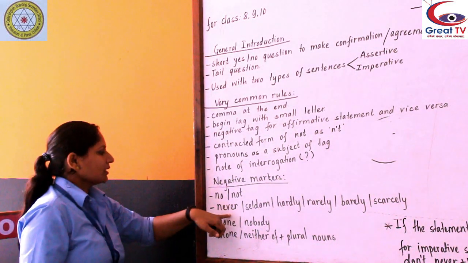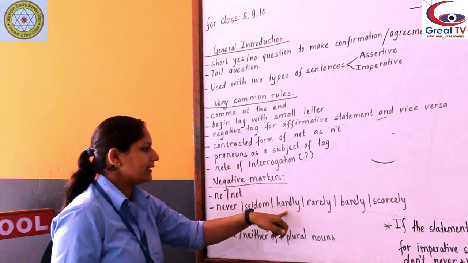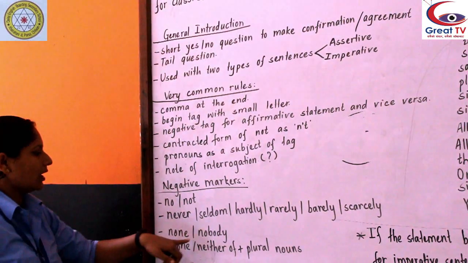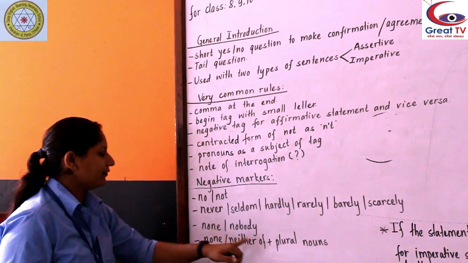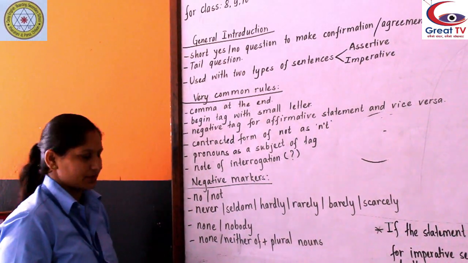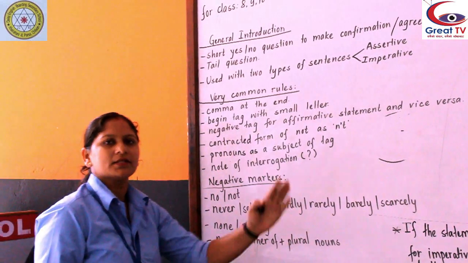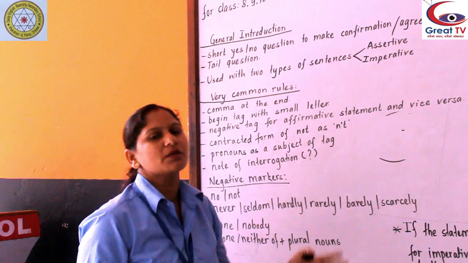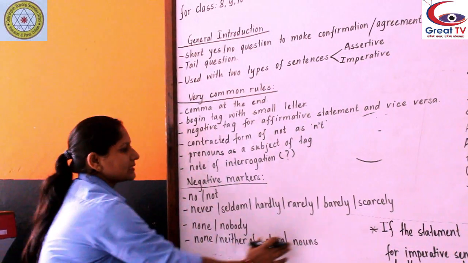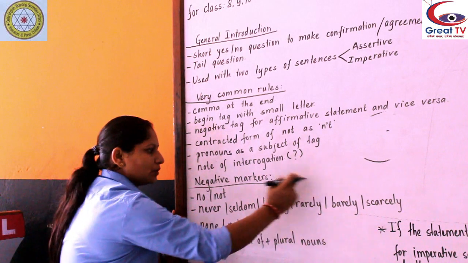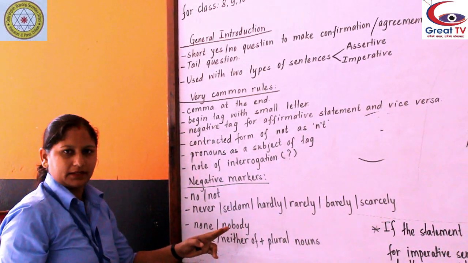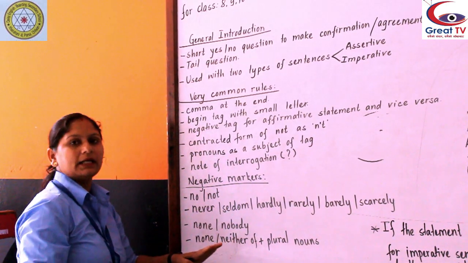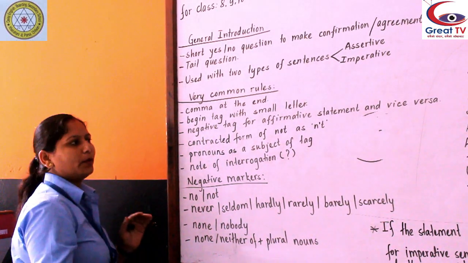I repeat again: never, seldom, hardly, rarely, barely, and scarcely. None or nobody. None of, neither of plus plural nouns. If these words are present, then the statement becomes negative. So these words are called negative markers. If these words are present in the statement, you need to give a positive tag.